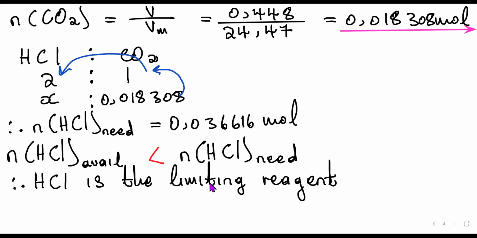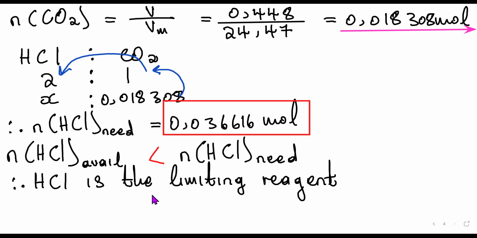Now, this 0.033, in fact, 36616 moles that you see here, those are the number of moles of hydrochloric acid that we need in order to produce 0.0183 moles of carbon dioxide.